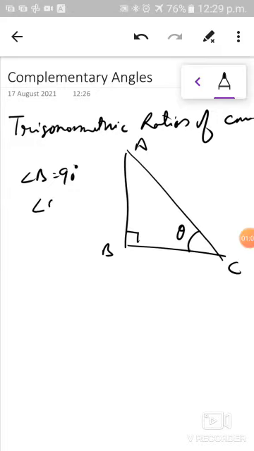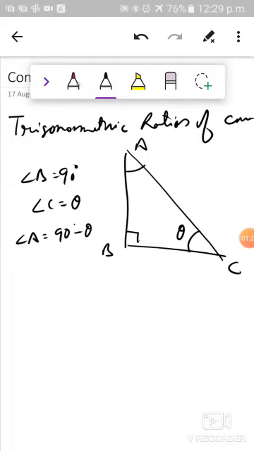Let us say angle C is theta. So therefore we can write that angle A will be 90 minus theta by angle sum property.